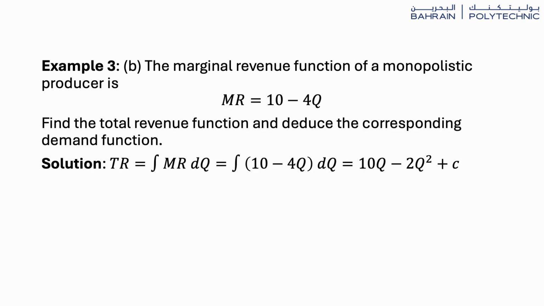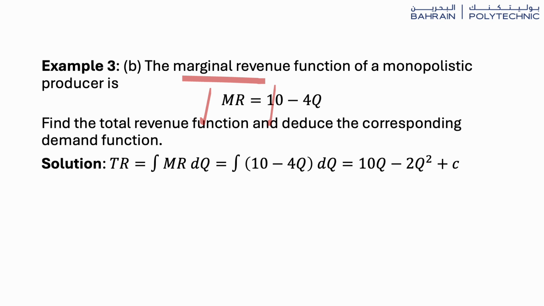Taking example 3 here, they are giving us the marginal revenue. Once we have the marginal revenue, to get the total revenue we have to integrate both sides with respect to dq. So the total revenue will be just the integration of marginal revenue with respect to dq.